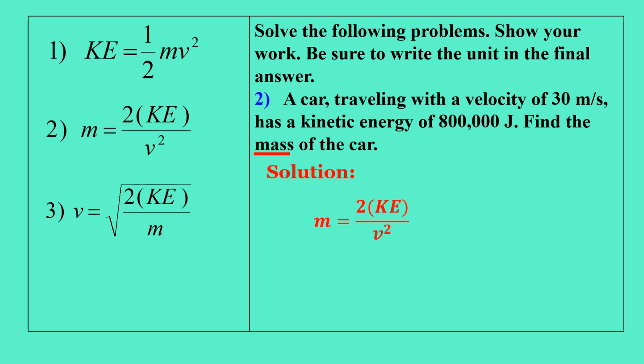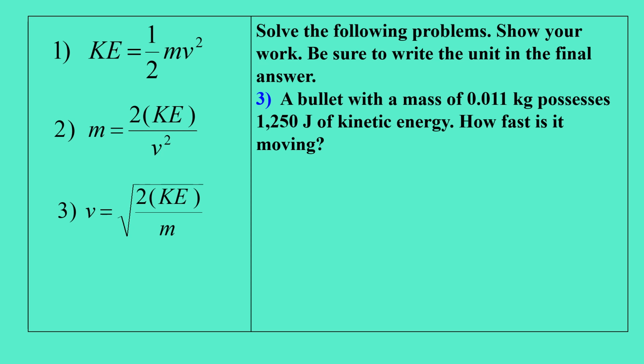The kinetic energy is 800,000 joules. 2 times 800,000 divided by 30 squared is 1,777.78 kilograms.